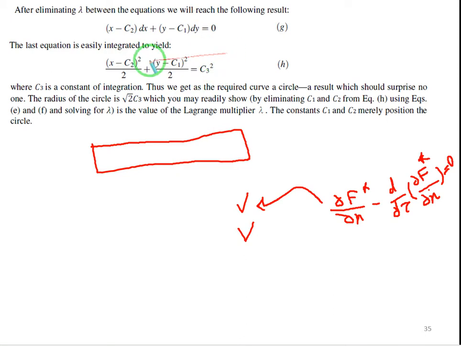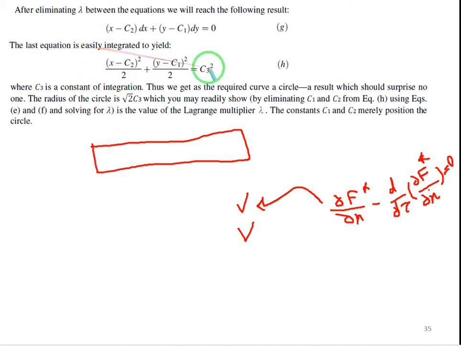Okay, this is our last equation. In this equation, we have three unknowns: C1, C2, and C3. We know that the boundary conditions give the values of C1 and C2.